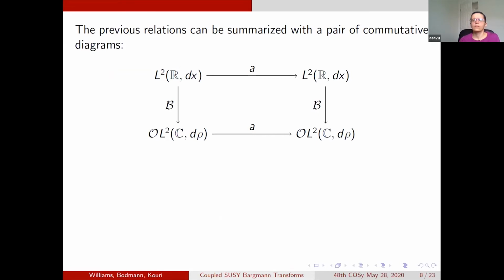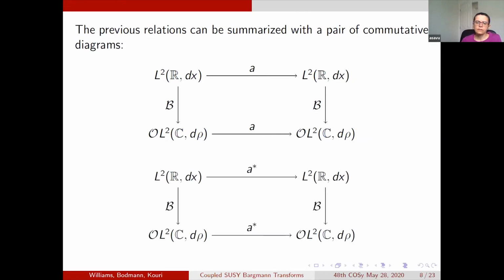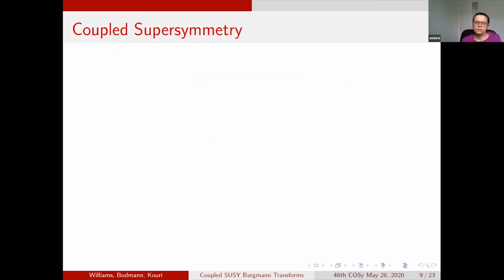And then on the bottom, that's your d by dz. Similar happens with the adjoints. It goes from 1 over square root 2, negative d by dx plus x, and then down to multiplication by z. So that's a quick recap of regular Bargmann theory.